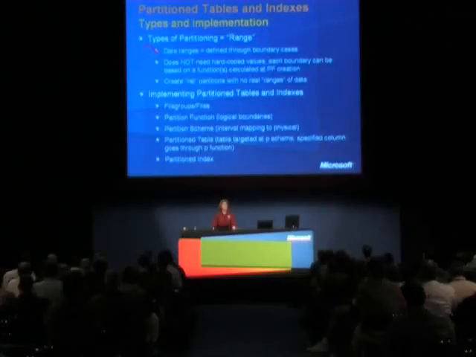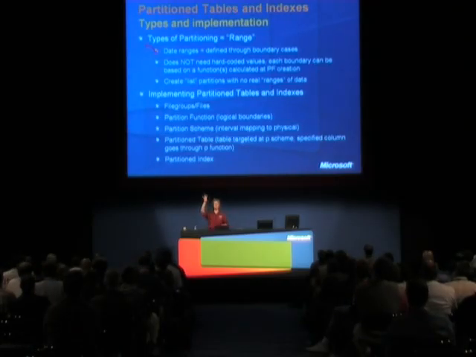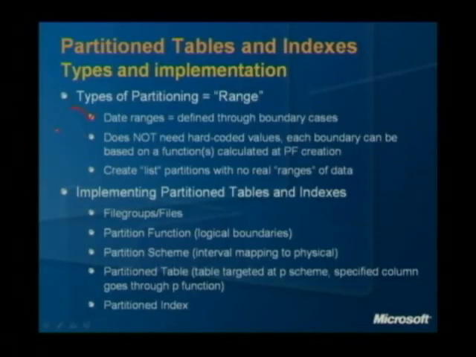How do you define the physical location? Well, that's where you create something called a scheme. So a function defines the boundaries, and the partition scheme is what's going to map those boundaries to physical locations within that database. Interesting when you do this, though, you don't actually have to hard code in your date values.